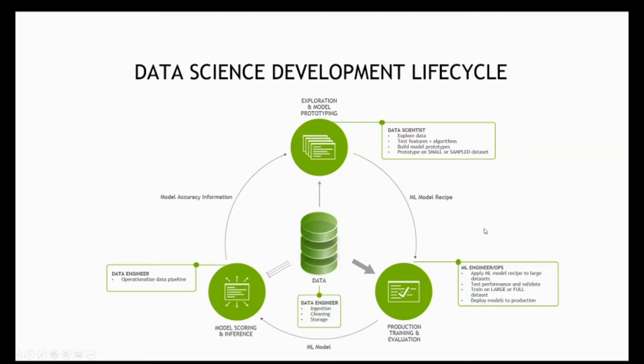Now, if you want to train the model on the entire large-scale data set, or on the full data set, at that point of time you need to understand how to distribute this entire computing across multiple GPUs, not just within the system but even across systems, right?